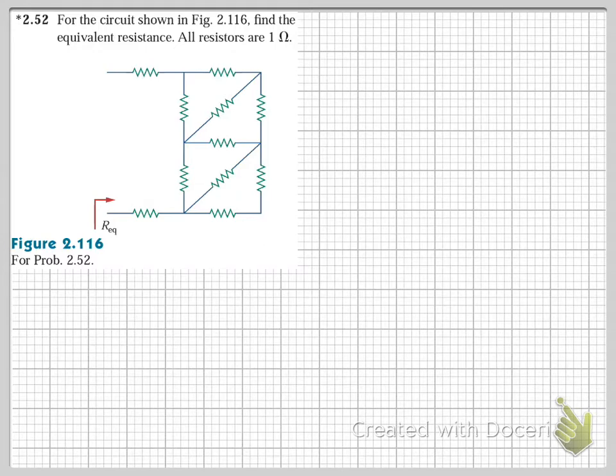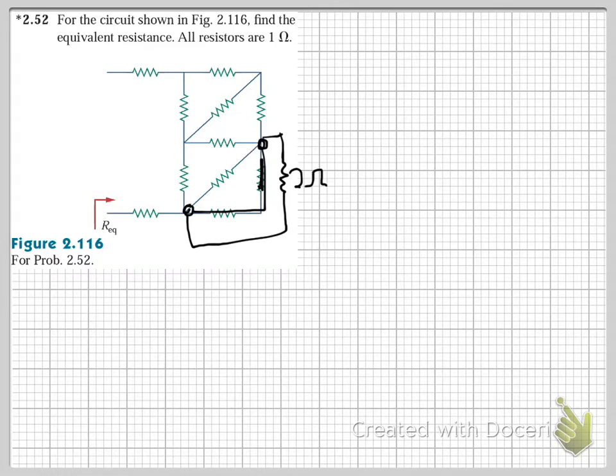So the first thing we do is realize that between here and here we've got a series connection. So I'm just going to replace that with a series resistance equal to 2 ohms. That's 2 ohms, right?